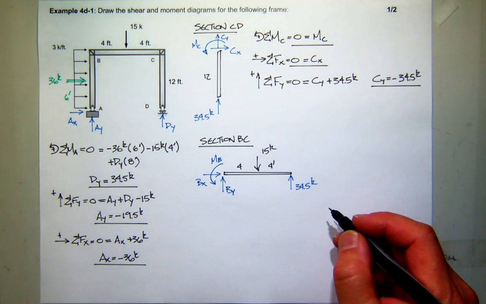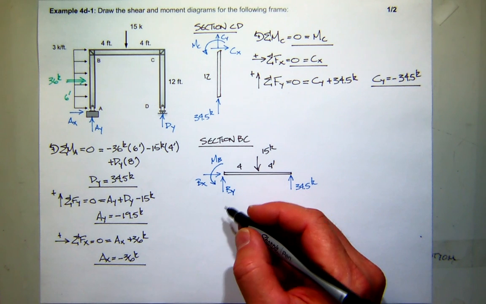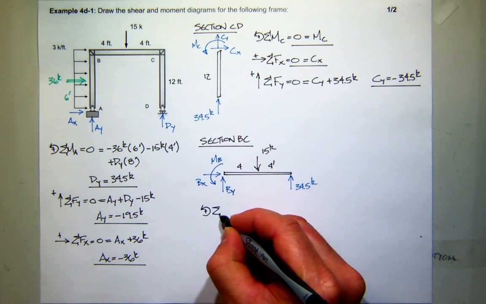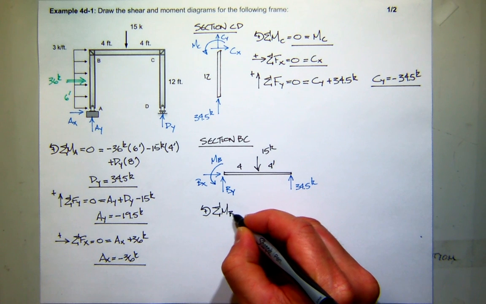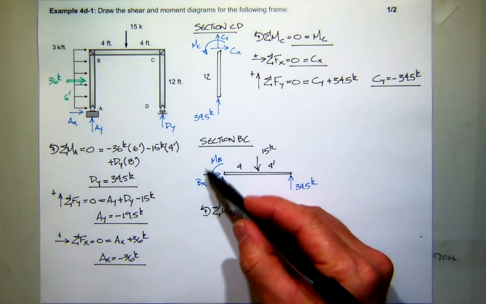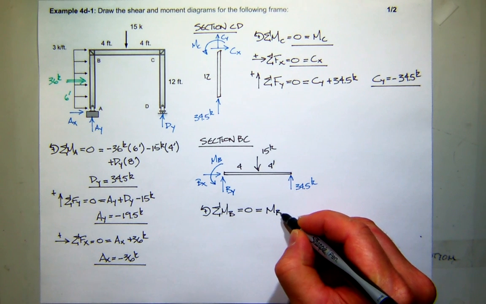So it's a good place to start. I think so. So we'll start at B. Again, we'll sum moments using right-hand rule as our sign convention. We'll sum moments at B and set it equal to 0. So that means the moment at B, the way I've drawn it, is a positive moment.